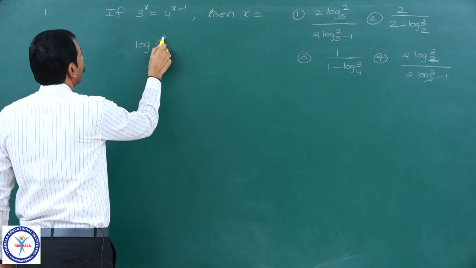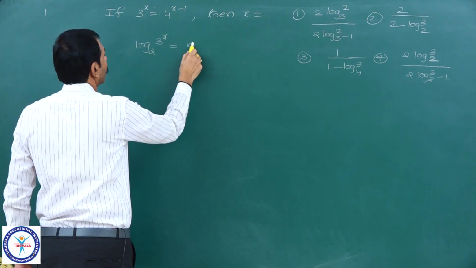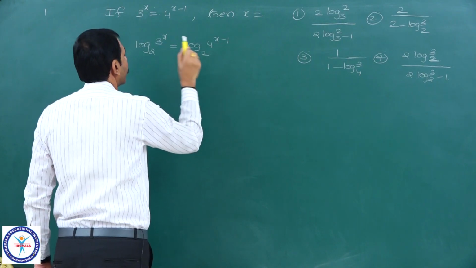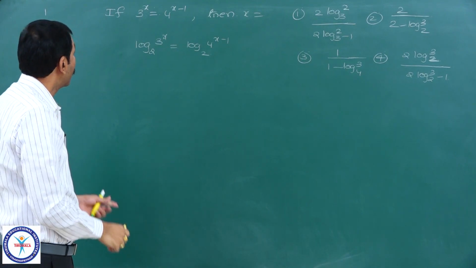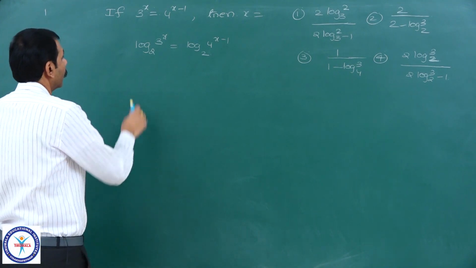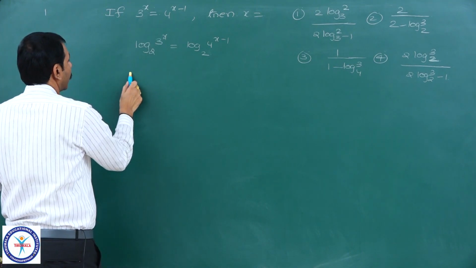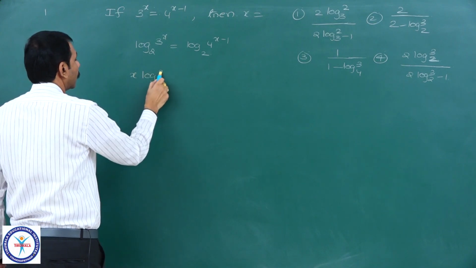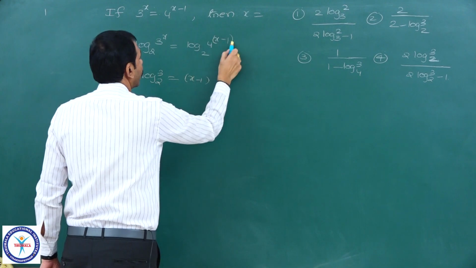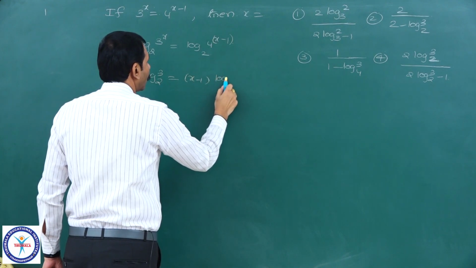Log 3 power x to the base 2 equals log 4 power x minus 1 to the base 2. Hope you understood this. I am taking logarithms on both sides to the base 2. Log a power m, the x will come out front. X log 3 to the base 2 is equal to x minus 1 times log 4 to the base 2.